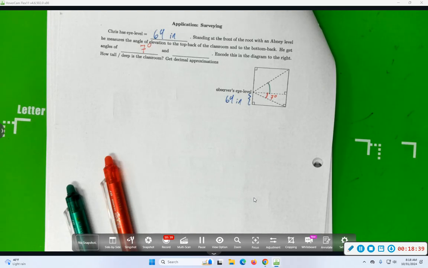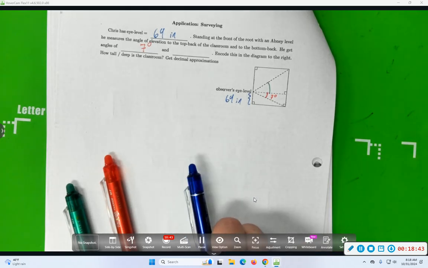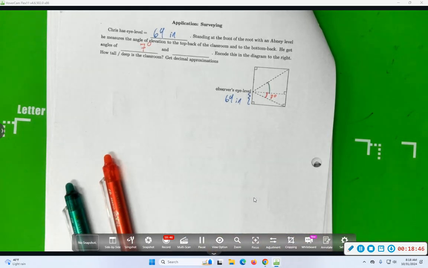So what'd you get? 54. I mean, yeah, I don't believe that. It has to be you still because the eye level matters. So it has to be the same person making the measurement. Other way. Oh, there it is. Okay.